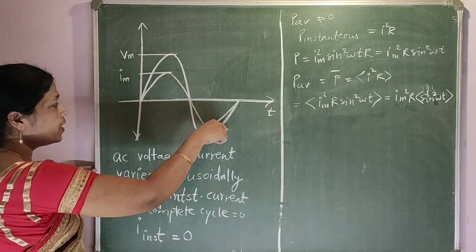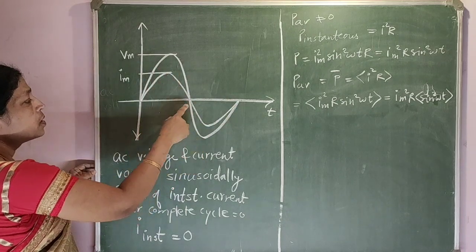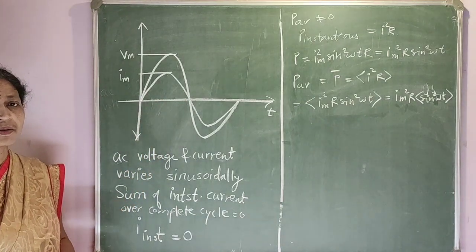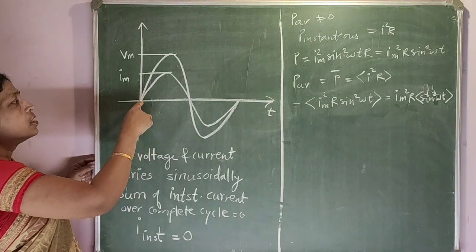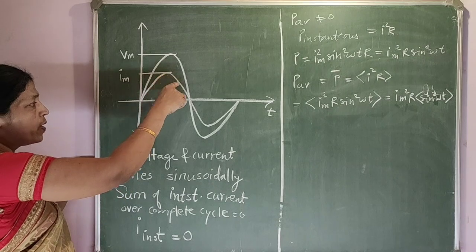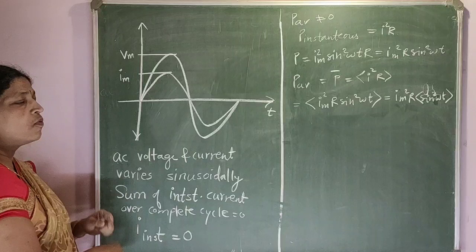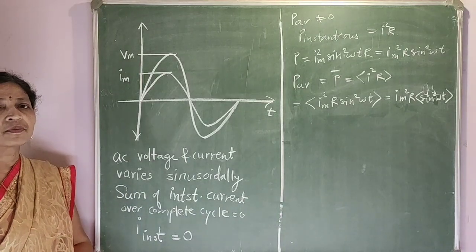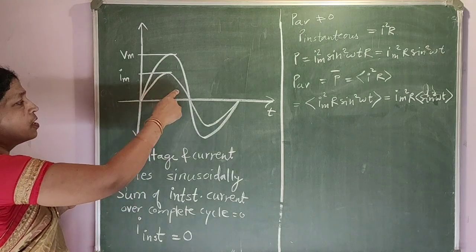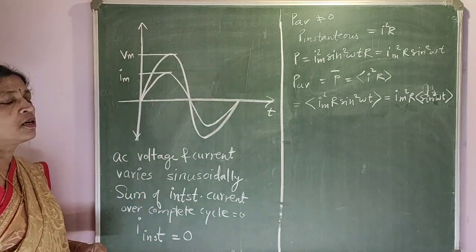Both are sinusoidally varying, both are achieving maximum, minimum, zero at the same time, so they both are in the same phase. As you can see, the current and the voltage get positive values and the same corresponding negative values in one complete cycle. Whatever value of positive current is there, the same negative value of current is there in one complete cycle.